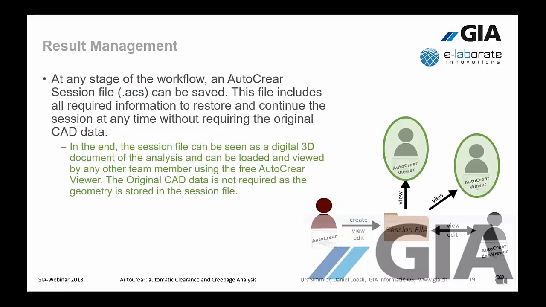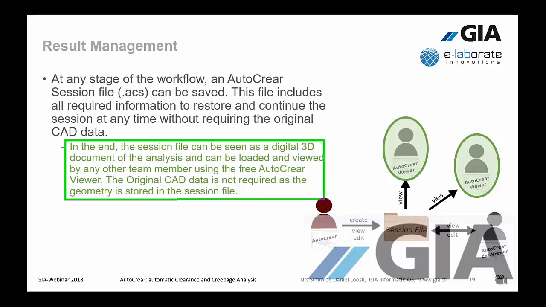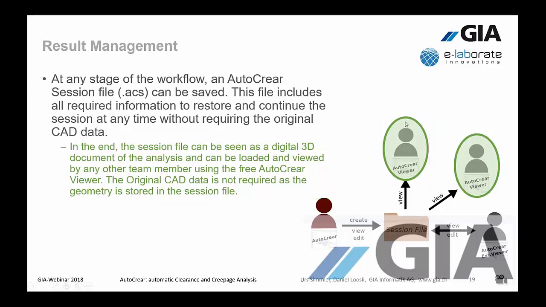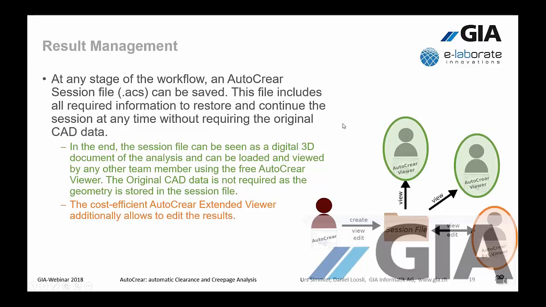For those people, we have a nice solution, a viewer, and in this viewer the user gets the capabilities to view the results and to see all the paths in order to take part in the process of clearance and creepage analysis. This is the free viewer. Besides that free viewer, we have an extended viewer. This extended viewer is not free.